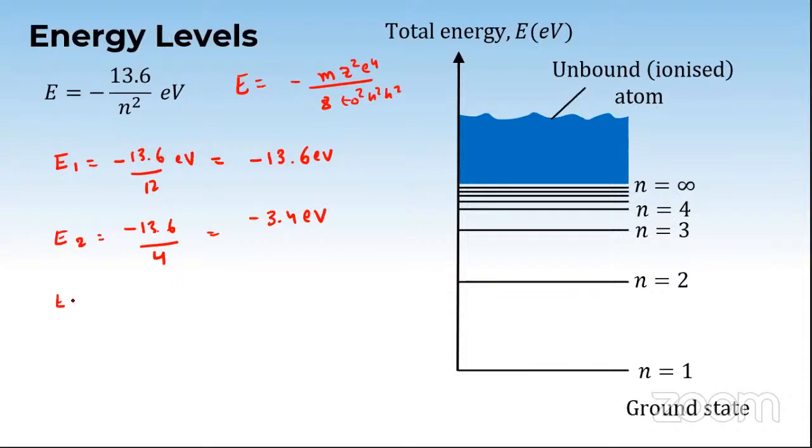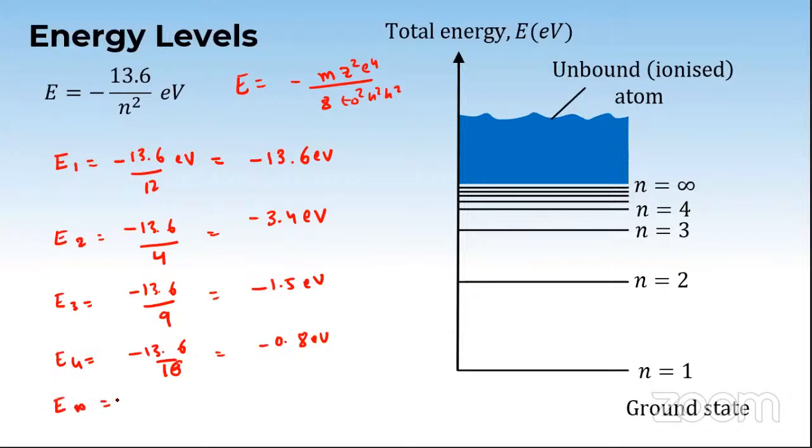The energy of the third orbit will be minus 13.6 by 3 squared, which is 9, so minus 1.5 electron volt. Energy of the fourth orbit is minus 13.6 by 16, which will be equal to minus 0.8 electron volt.